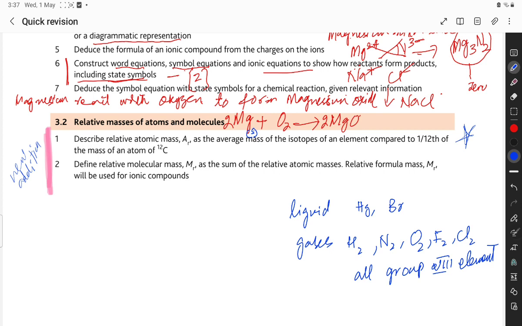So these are the liquids. Rest all elements are solids, existing in solid state.